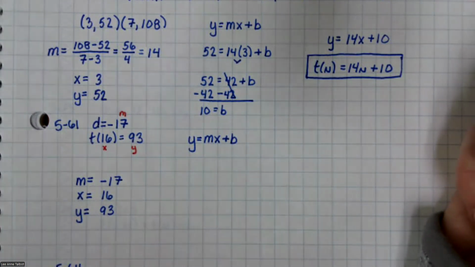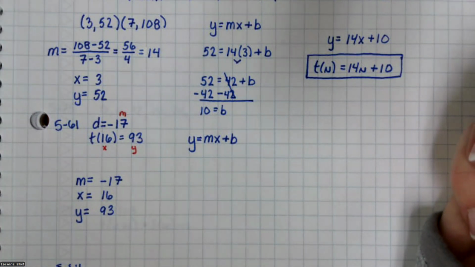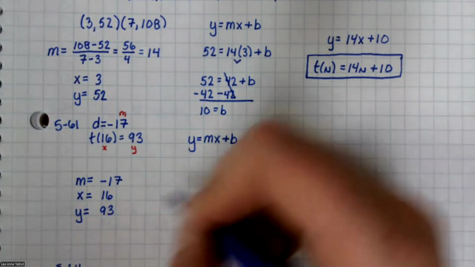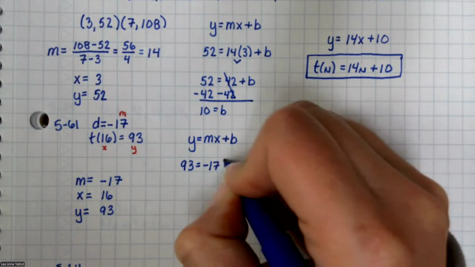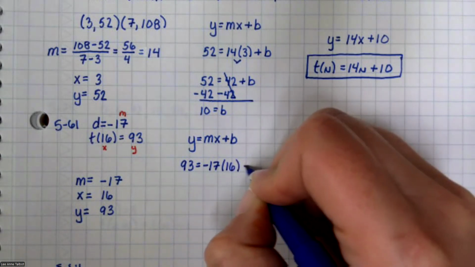Can you see where this is going? Okay, 93 equals negative 17 times 16 plus b.